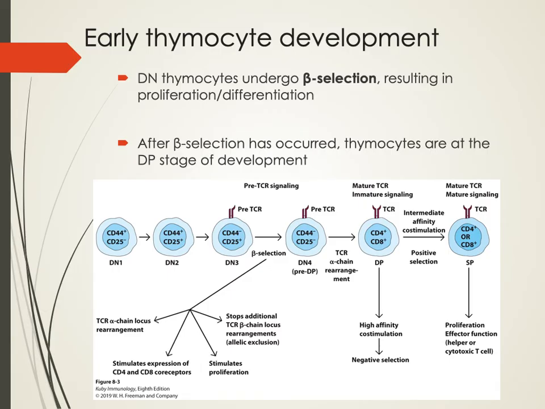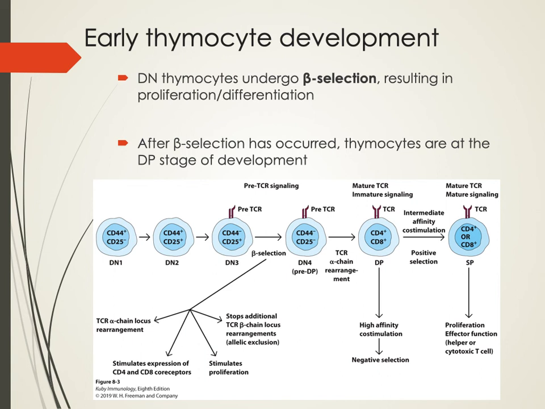Again, early in thymocyte development, those double negative thymocytes are going to undergo beta selection. Keep in mind that after each stage is passed, we can have proliferation and then further differentiation occurring. After beta selection is an area where we would have proliferation.